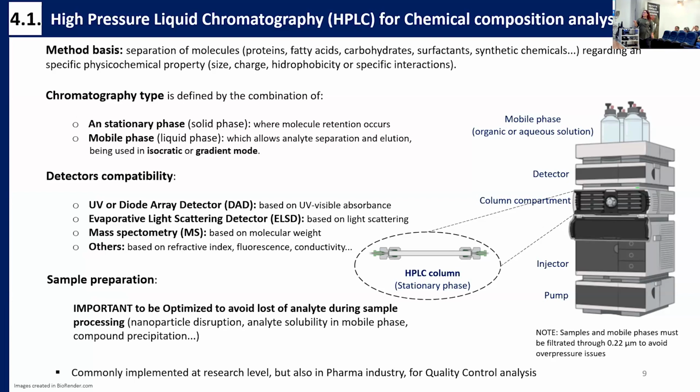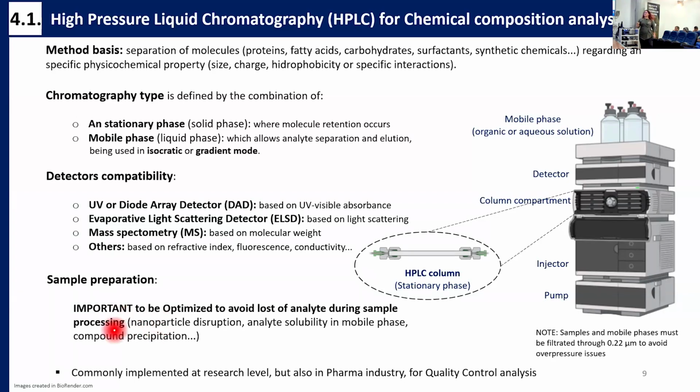One of the important things to have in mind when we work with this kind of technique is to be very aware of sample preparation, because all these techniques were first developed for individual materials, but now we are working with nanomaterials, and if we don't do a proper preparation, we can lose some material during this step.